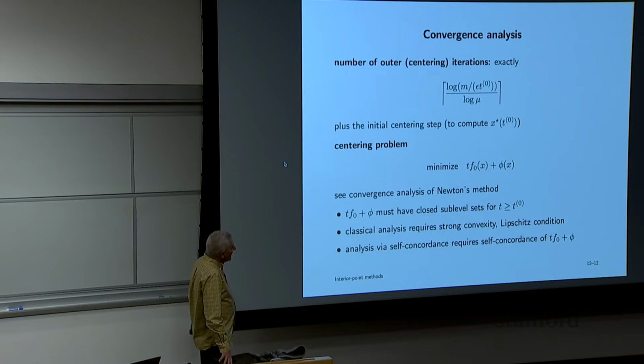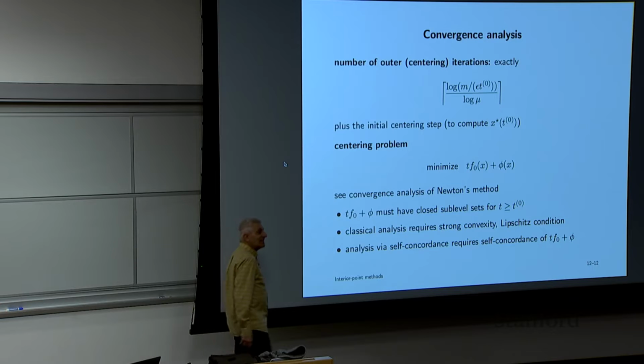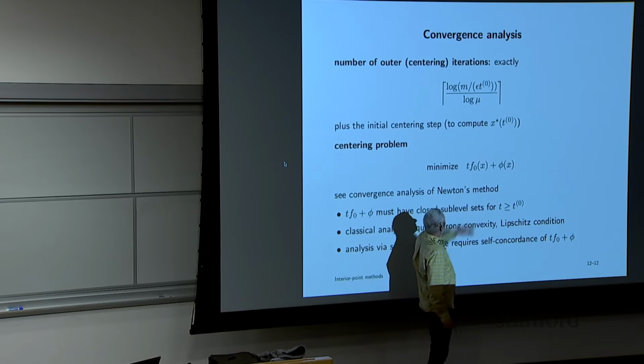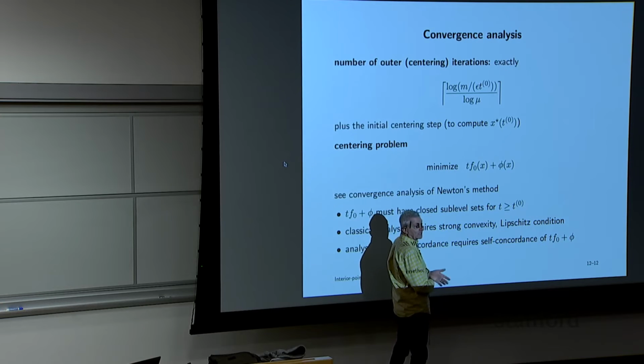And if you do the classical analysis, what you get is something very weird. The classical analysis says, oh yeah, I can minimize this for you. No problem. And you get a Lipschitz constant and a strong convexity and so on.